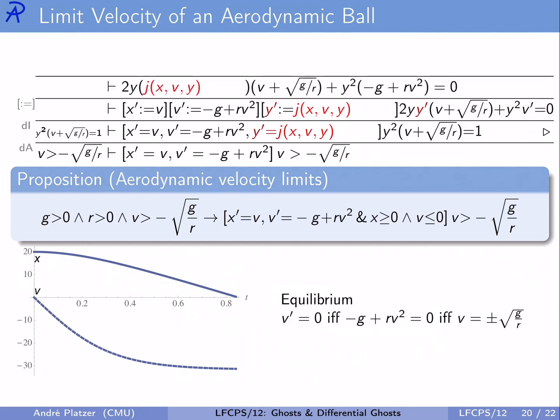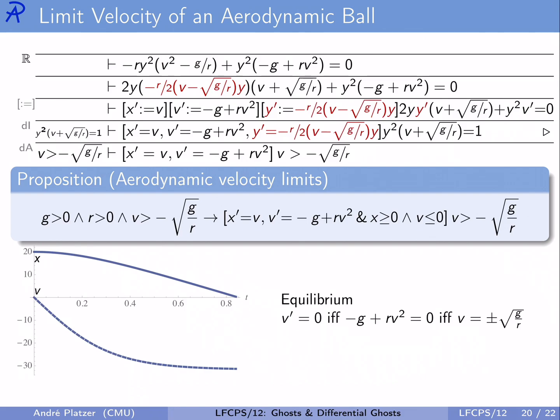Let's plug this in. That's 2y'. Well, that doesn't have a value since we're using substitute ghosts, so we only know that it's going to be some function of x and v and y. The rest stays, but the v' we do know. The v' is here that we're plugging in, so it gives us minus g plus rv squared.